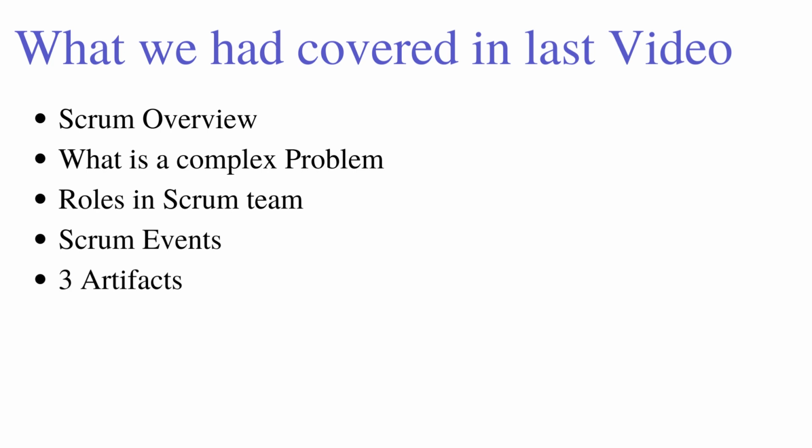Scrum 5 events: sprint, sprint planning, daily Scrum, sprint review, and sprint retrospective. We also discussed 3 artifacts: product backlog, sprint backlog, and increment. We also call it value.